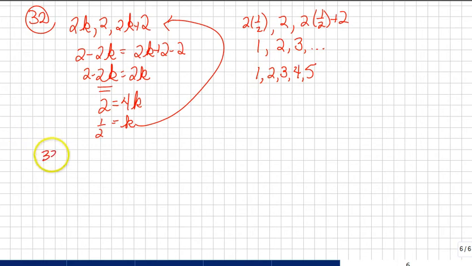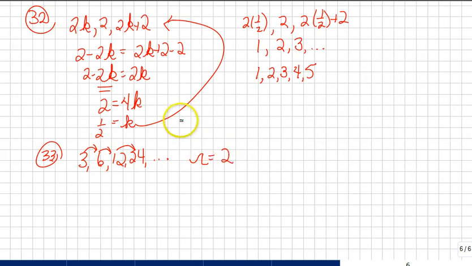33 says find the sum of the first 10 terms of the series 3, 6, 12, 24, etc. Well, in this one you can see if you observe the terms, they are doubling each time, which means that is geometric, and r is the rate of 2. You're multiplying by 2.